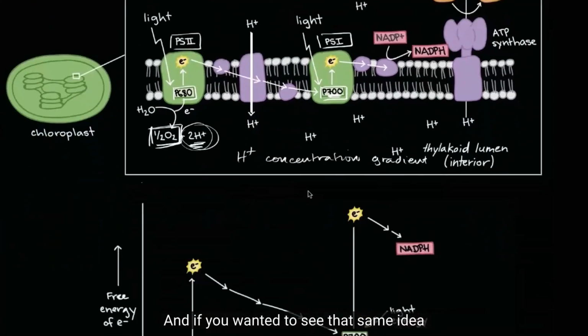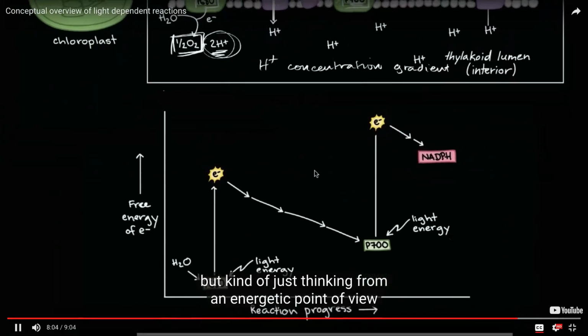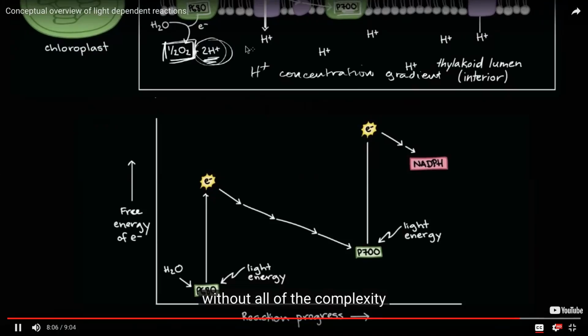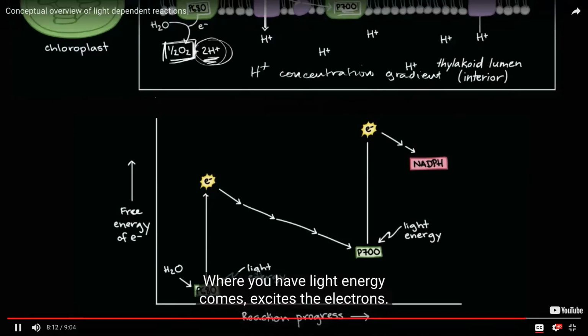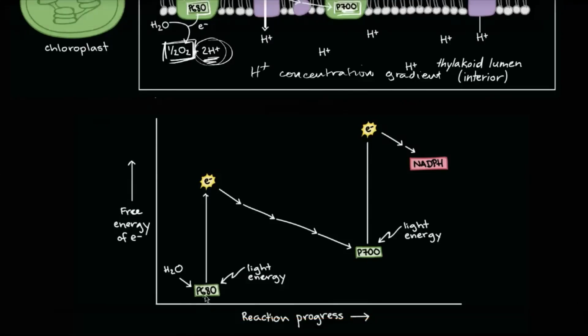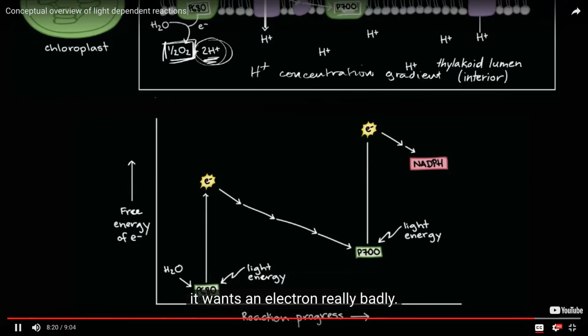And if you wanted to see that same idea, but thinking from an energetic point of view, without all the complexity of seeing the physical components involved, you see it right over here, where light energy comes and excites the electrons. Once the P680 has given that electron away, it wants an electron really badly.